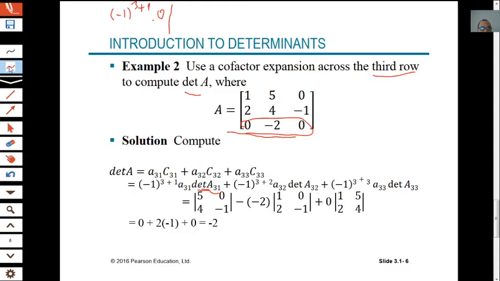Namely, we cancel the third row and first column. So the remaining numbers are 5, 0, 4, -1.